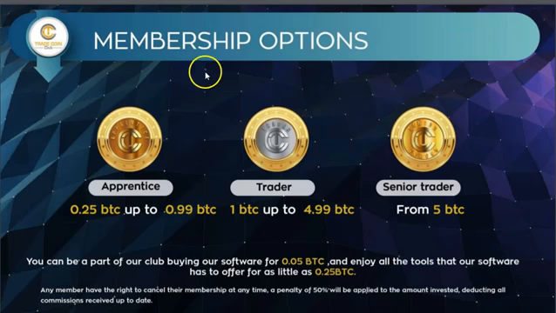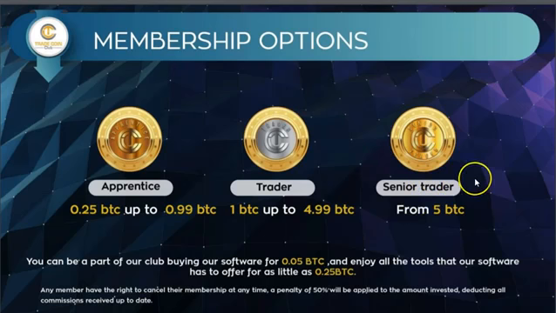There are three membership options, okay? There's the Apprentice, which you can come in with 0.25 Bitcoin all the way up to 0.99 Bitcoin, you guys. And for demonstration purposes, just know that BTC stands for Bitcoin, in case you guys don't know. For the Trader option, you can get started from 1 Bitcoin all the way to 4.99 Bitcoin.